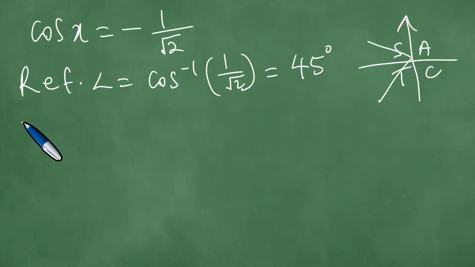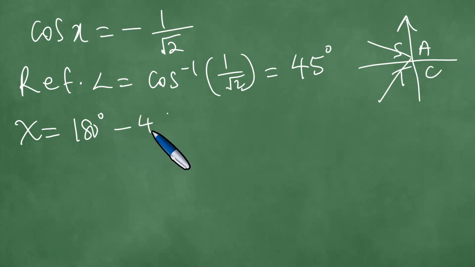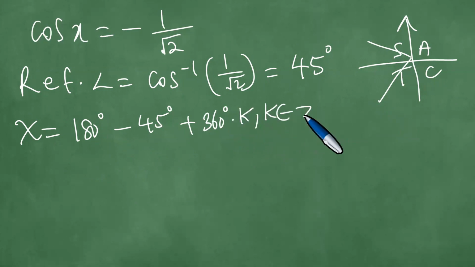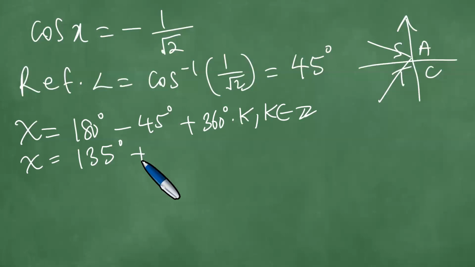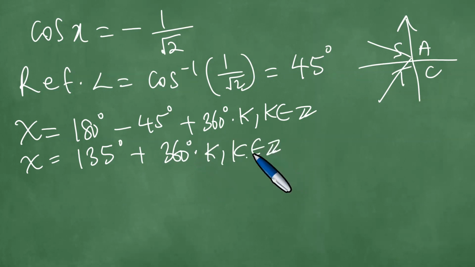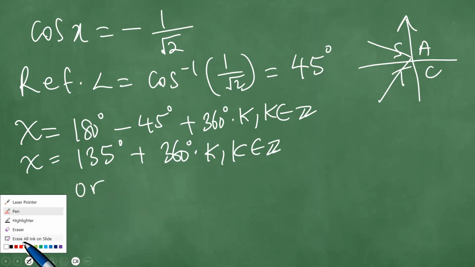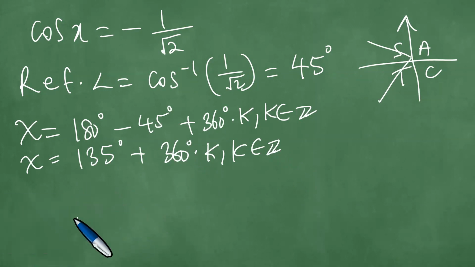So in the second quadrant, we're going to say x is 180 degrees minus 45 degrees plus 360 degrees by k, where k is in Z. So you have 135 plus 360 degrees by k, where k is in Z. But we also have another angle that appears in the third quadrant, because 135 is an angle in the second quadrant, and another one appears in the third quadrant, which is exactly 180 degrees plus 45.